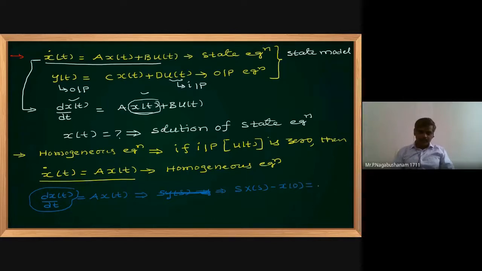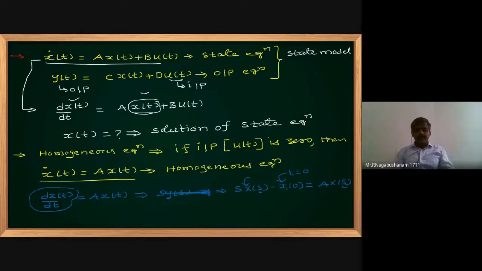That is equal to A, the matrix, into X of s. Small x of t gives the information in terms of time, whereas capital X of s is the Laplace, the s domain. Small x of 0 is the data with respect to time, the initial conditions at t equal to 0.